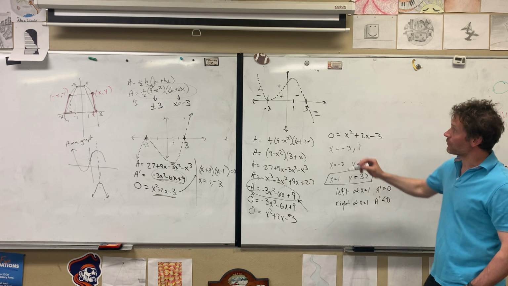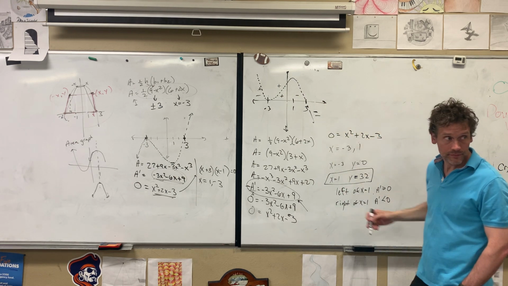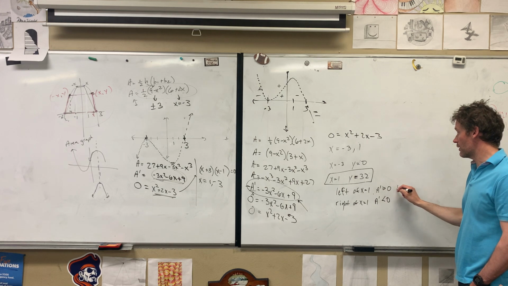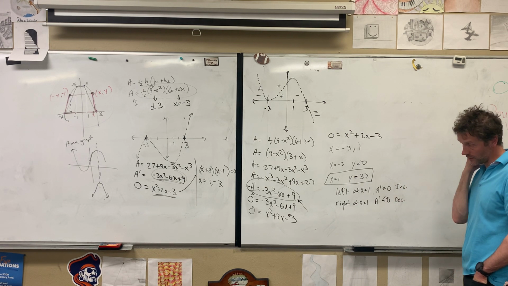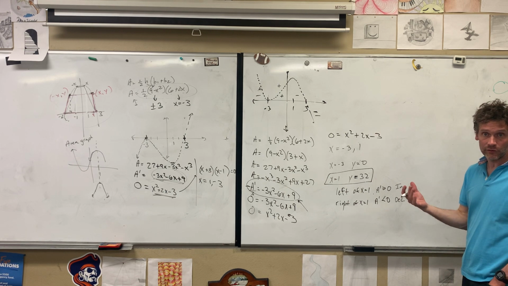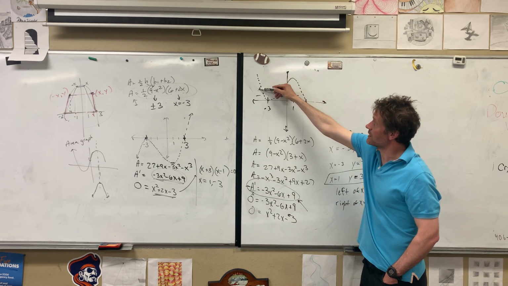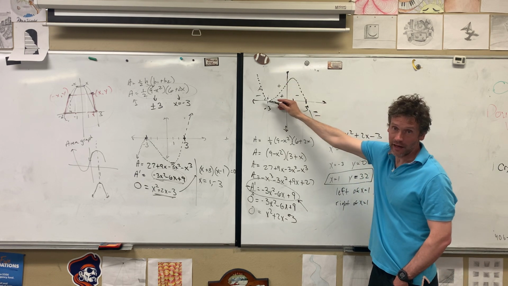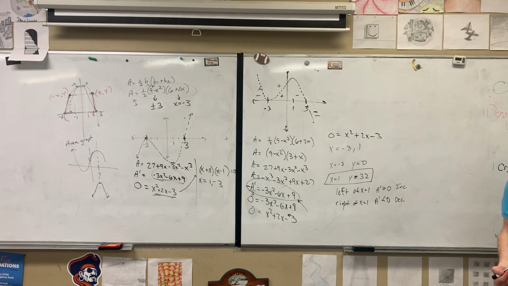And where a graph goes from increasing to decreasing, so this was increasing, this was decreasing, what do you get back out? You get a max. If it goes from decreasing to increasing, you get out a minimum. So in a formal class, you would have to understand that.